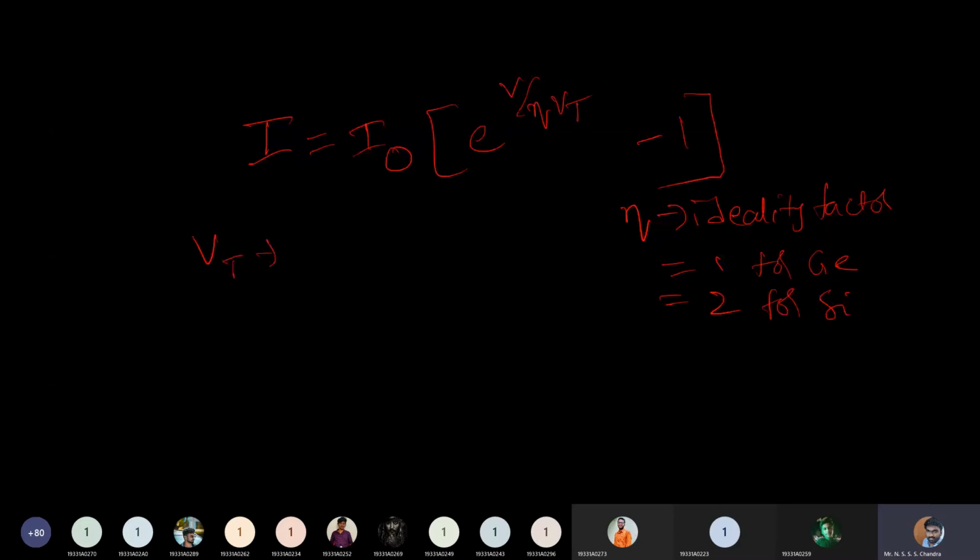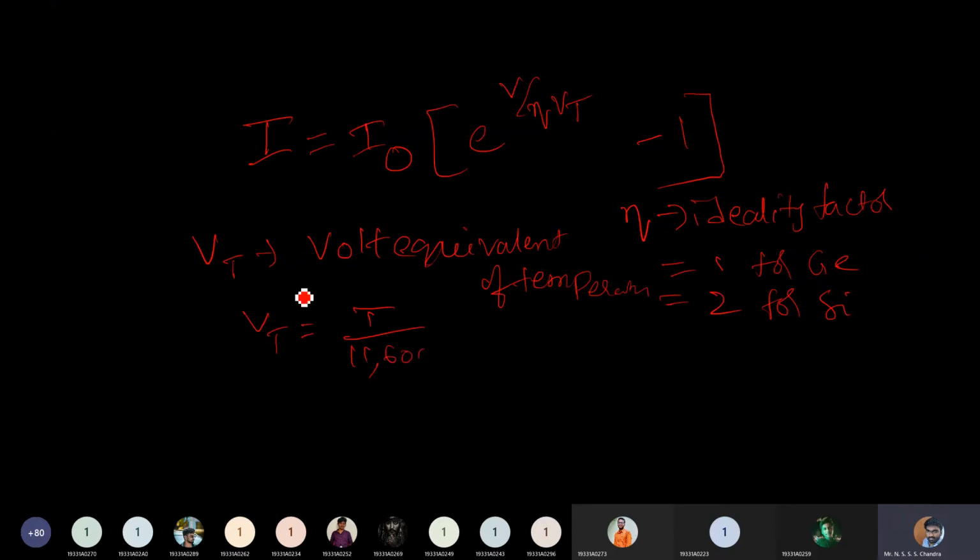Vt is called the volt equivalent of temperature. Vt equal to T by 11,600 volts. At room temperature, we have seen that Vt is nearly equal to 26 millivolts.